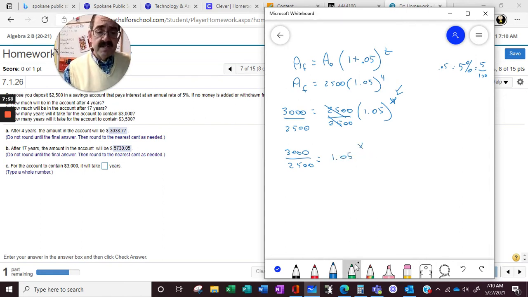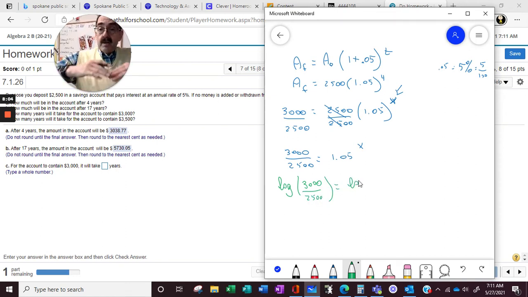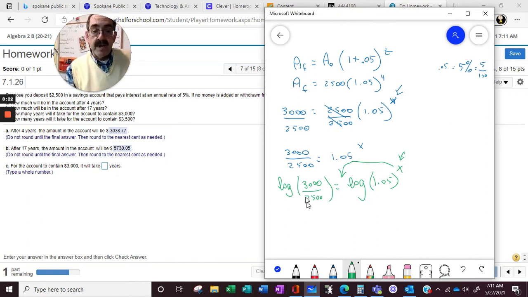Now this is the next step. We take the log of this and we take the log of this. Remember, whatever you do to one side, you do to another. Okay, logarithms help us solve for the exponent. Okay, right there. By doing this, the exponent flies out. Remember the idea of rewriting it, translating it?